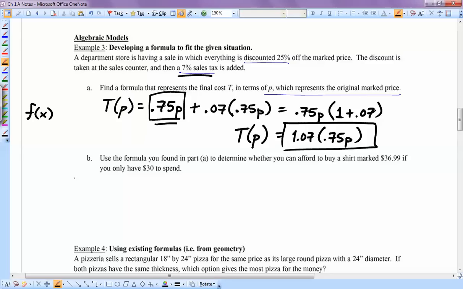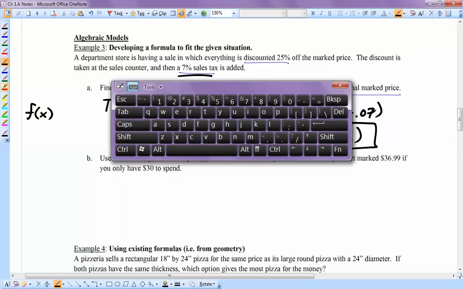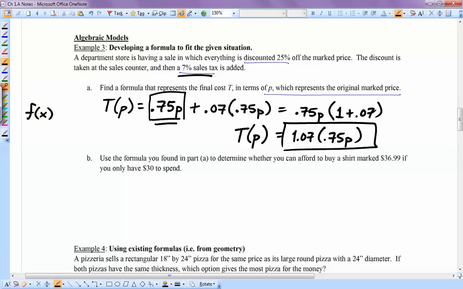Okay, so use the formula you found in A to figure out if you can buy a shirt that's originally $36.99 if you only have $30. Well, if it's $36.99 originally, then that's your P. So I'm going to look at the total cost if the price was $36.99.